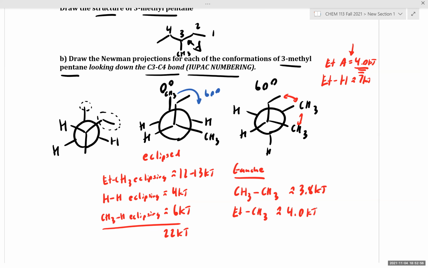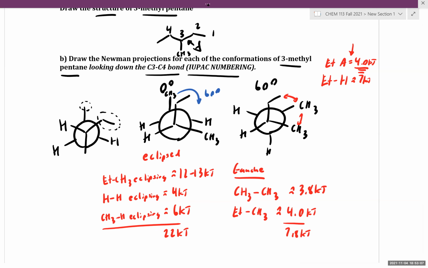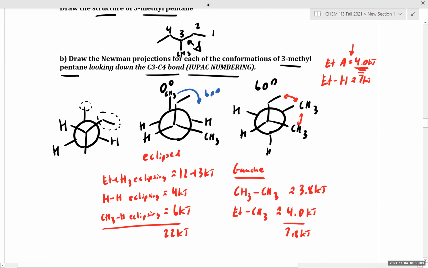Does that make sense? Yes. Perfect. So in total, that gives us 7.8 kilojoules of steric and torsional strain. Just to differentiate, torsional interactions occur when you have eclipsing substituents. Steric interactions occur primarily via gauche interactions. Does that make sense?